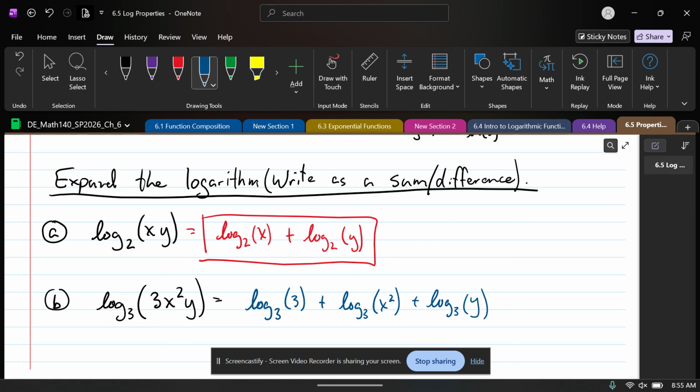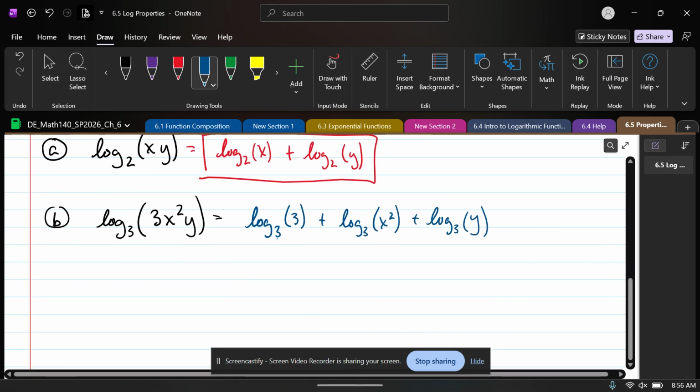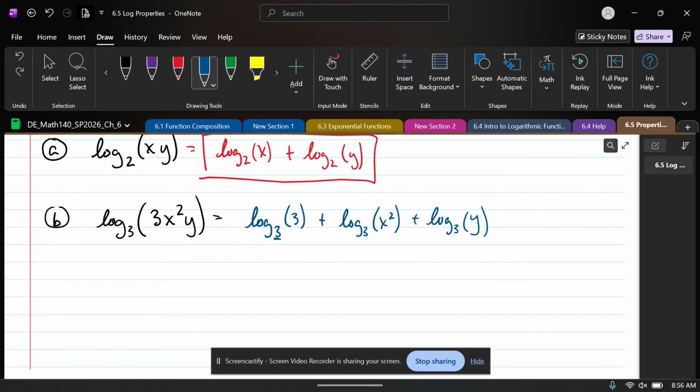Then I'm going to look at each one of those individually and see if I can do any of the other properties, whether it be a simplifying property or one of the manipulating properties. So looking at the first one, what can that do? It turns into 1 because the base of our logarithm and that are the same number. So I'm going to rewrite that first term as a 1.